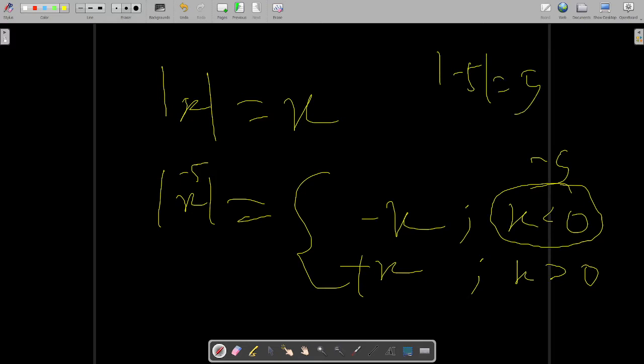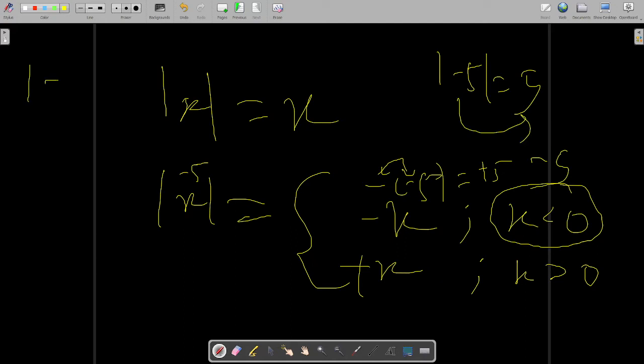So if I put it in this function, I must get 5. Only minus into minus will yield you plus 5. That's why the modulus function opens with a negative sign for negative integers. Got it? Because minus into minus will become plus eventually, and it will yield this result, mod of minus 5 equal to 5.